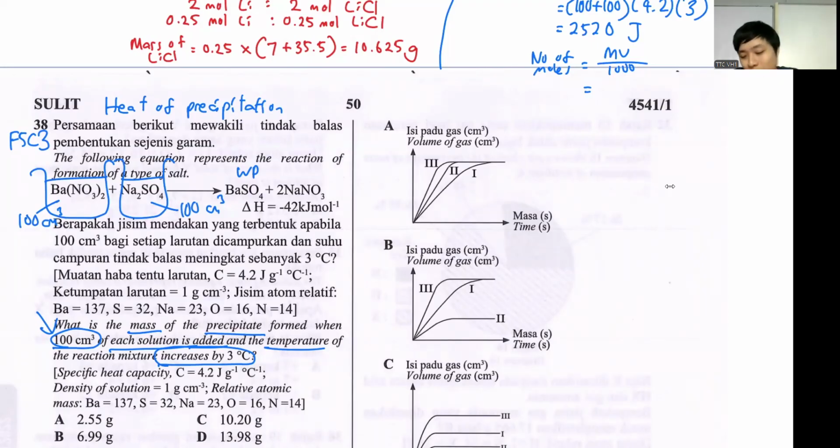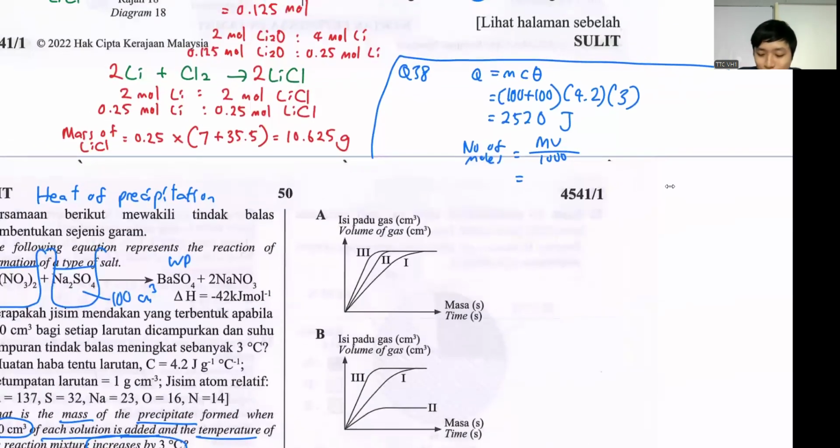So in this case, you cannot use MV over 1000 because they didn't give you the molarity. You have to use delta H equals Q per mole, because the M is not given.